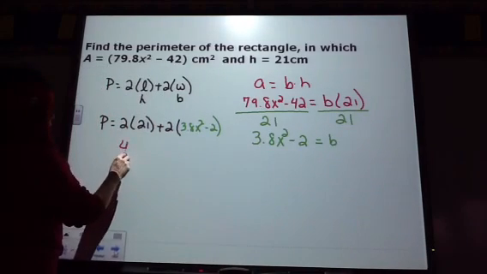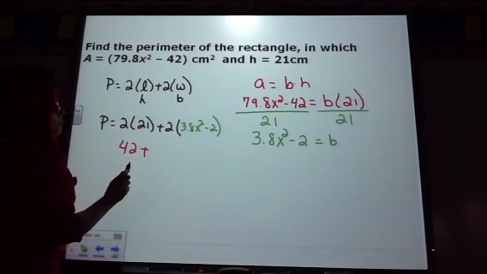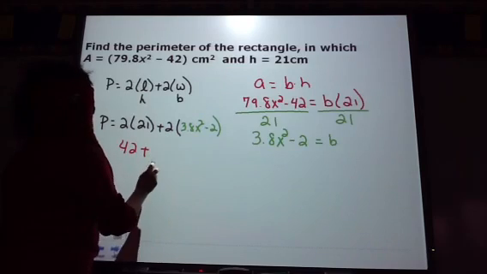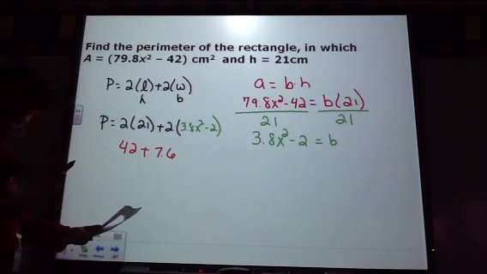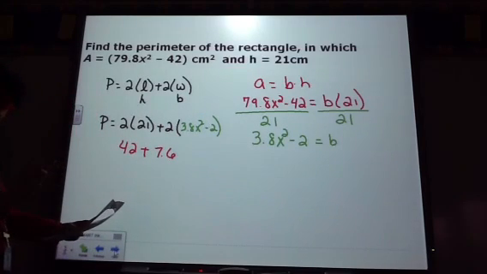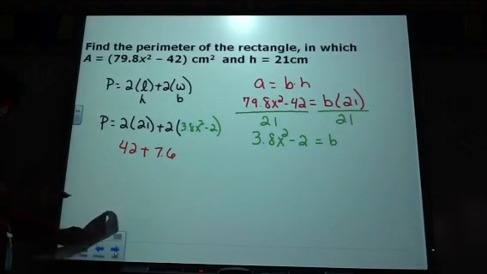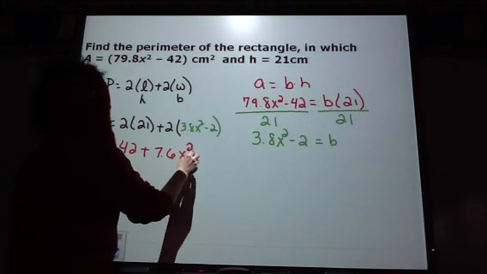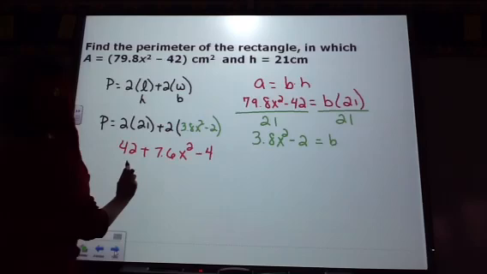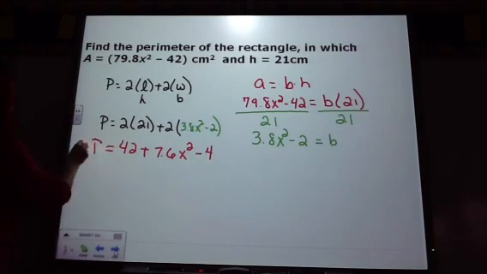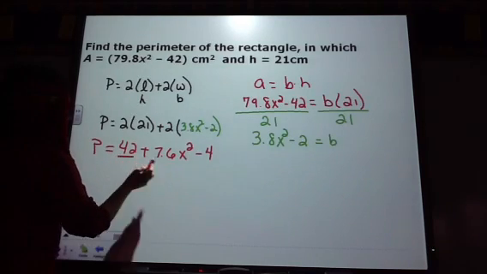So I have 42 plus 8 times 2, I believe that is 7.6x squared minus 4. Okay, and we can simplify like terms.